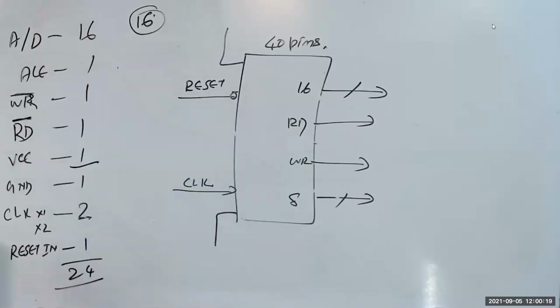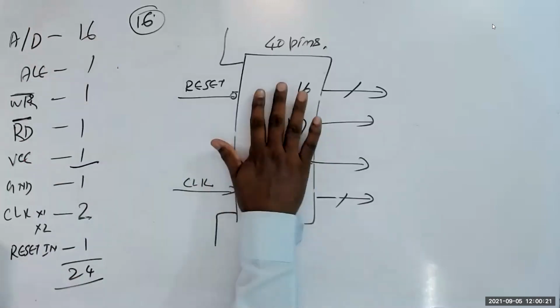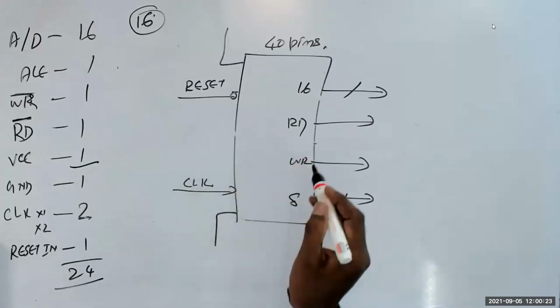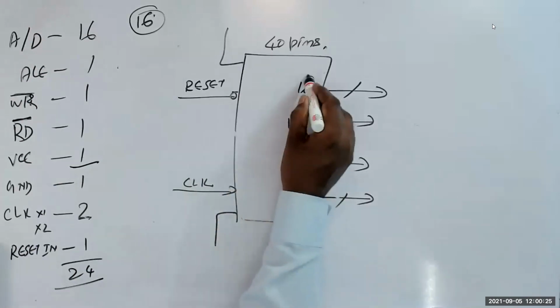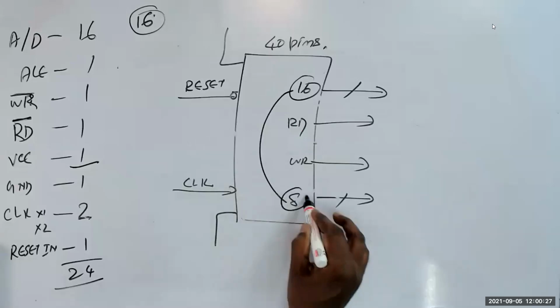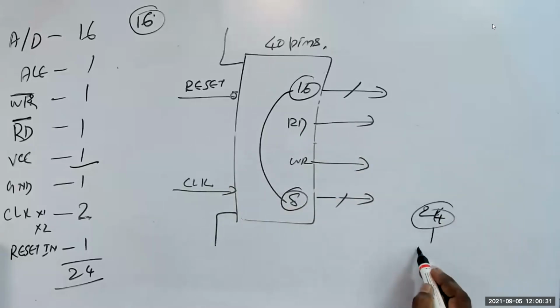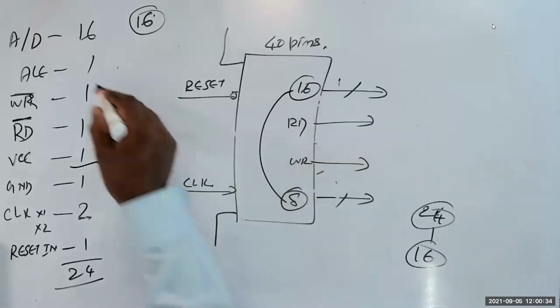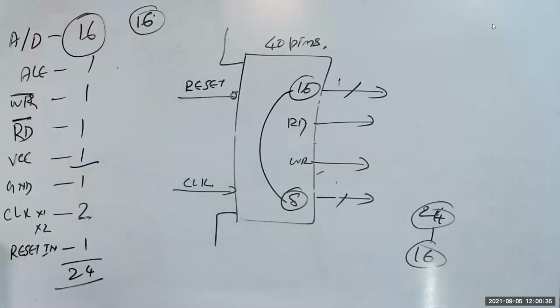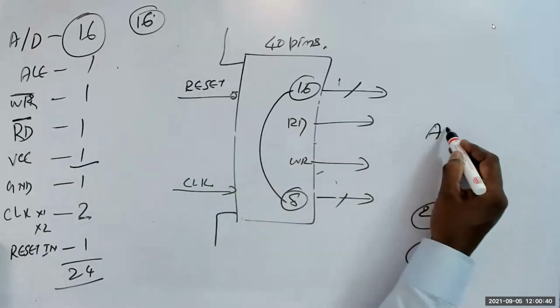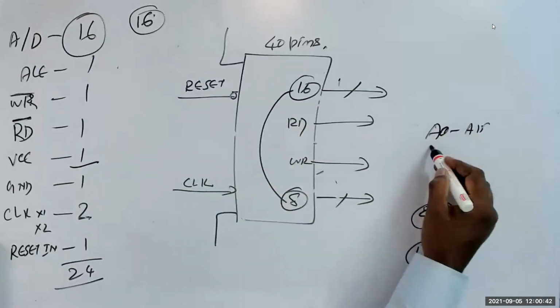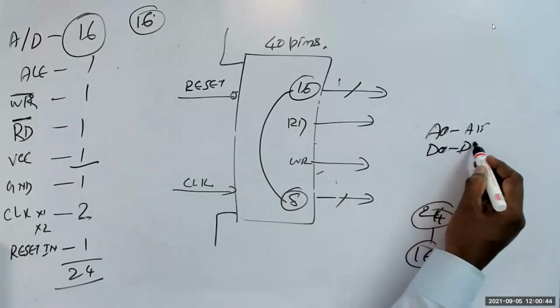So this is what we discussed, a general microprocessor. Now in 8085, what is the difference? This 16 plus 8 is supposed to be 24. Now in 8085, it is only 16 because we multiplex address and data. So lower address and data, that is A0 to A15 and D0 to D7.